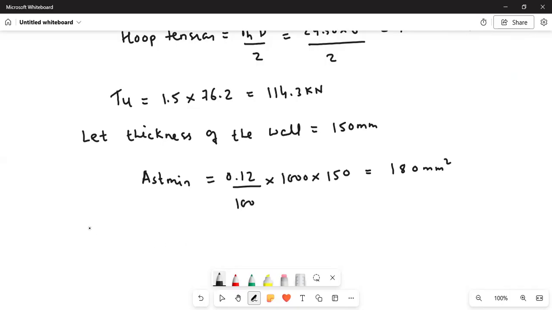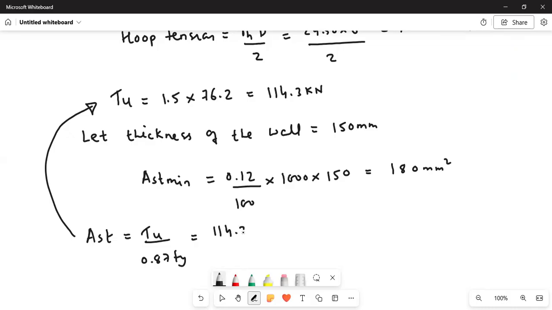Okay, now find the Ast with respect to the hoop tension, the factored hoop tension, that is Tu divided by 0.87 Fy. Okay, so Tu is 114.3 into 10 to the power 3. We need to take in Newton here. 0.87 into 415.